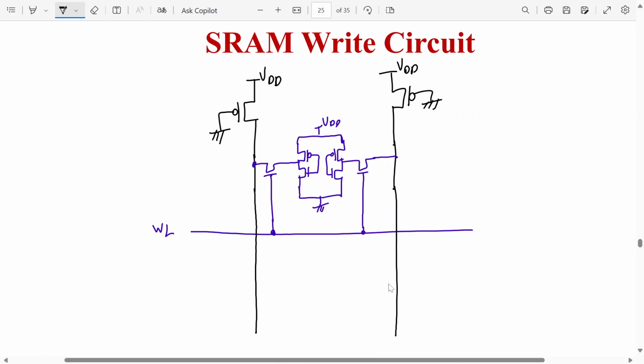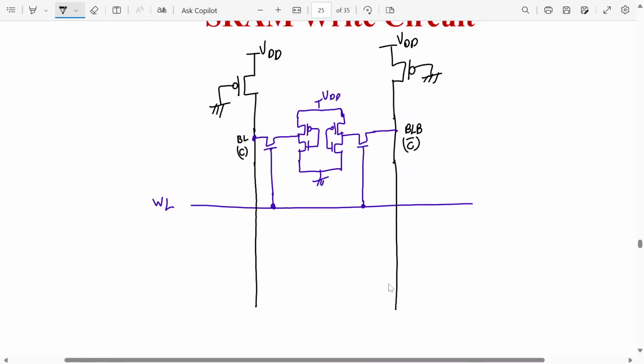We can call it a bit line or C column, or bit line bar or C bar, whatever we want to call it. So this is my 6T SRAM cell which I put inside the box, this one. Many such cells can follow. So this is a 1 bit SRAM cell.